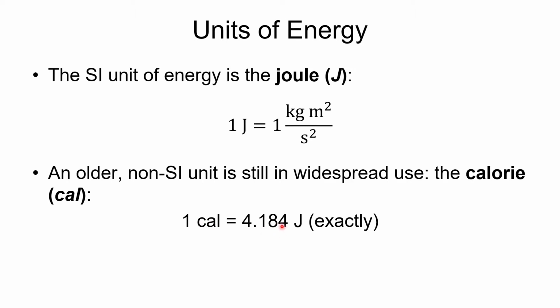I'll talk about why they had to redefine it, but that exact number comes out to 4.184 joules, and that is an exact value. That means for dimensional analysis or significant figure purposes, it has an infinite number of significant figures, even though it looks like it just has 4. I mention that because sometimes you'll still see calories, and if you just multiply by 4.184, you will get how many joules that is.